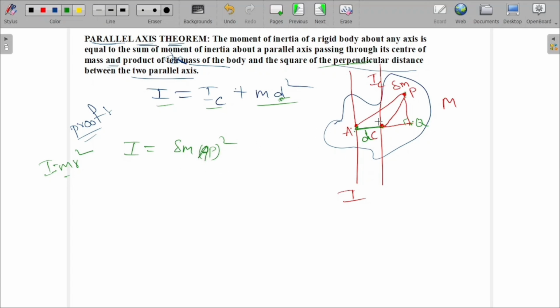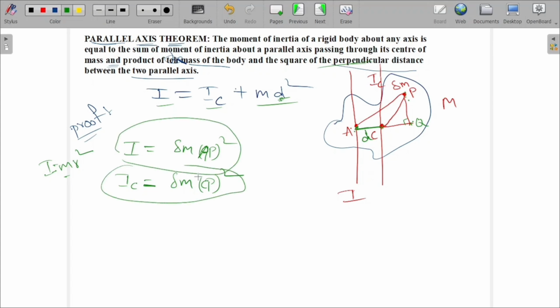Next, about the center of mass, I_C equals delta m times CP whole square. So I equals delta m AP square, and I_C equals delta m CP square. This is for only one particle.